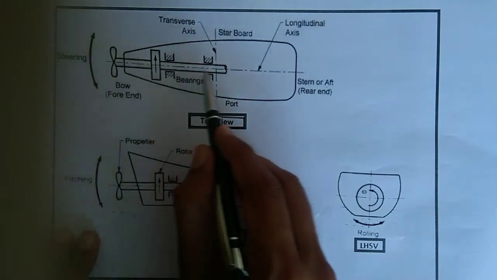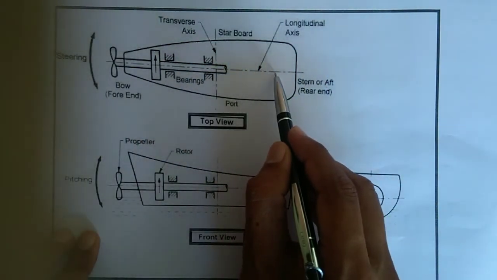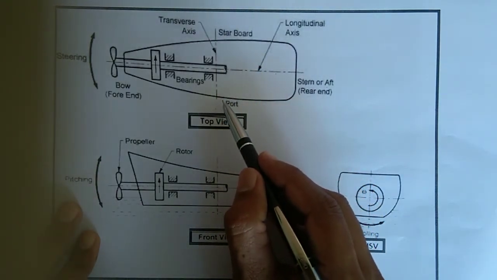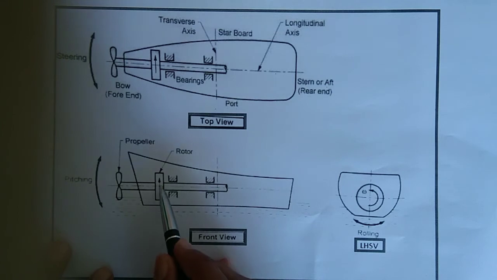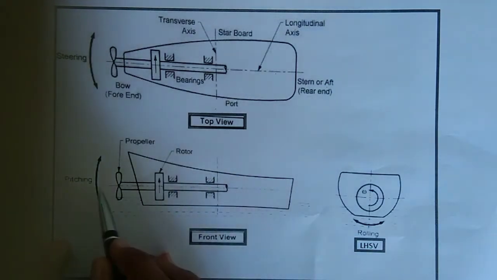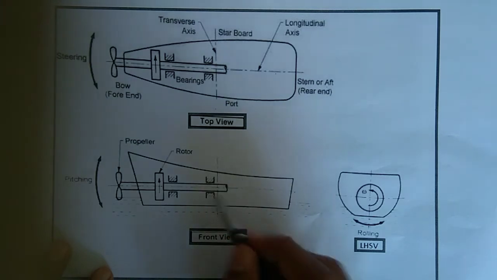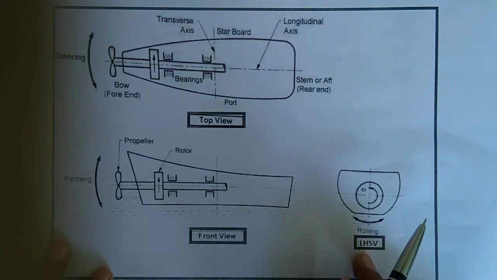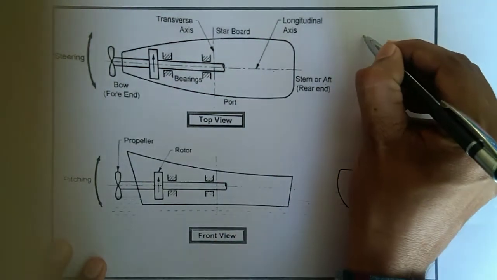This is the axis of rotation of the rotor, or the longitudinal axis of the ship, and this one is the transverse axis of the ship. If we see the front view, this is the rotor, this is the axis of the rotor, that means the longitudinal axis, and this is the transverse axis, and this is our propeller.